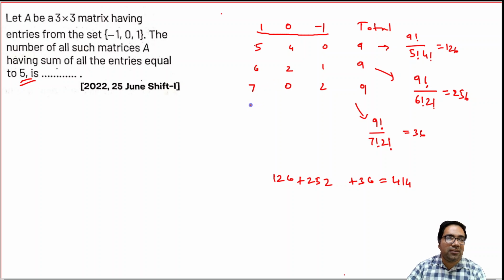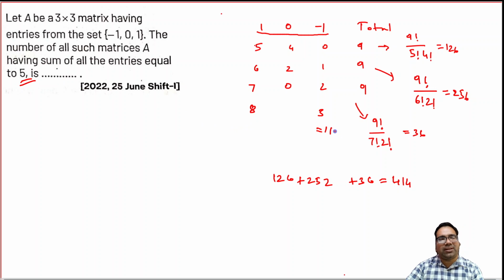Similarly, if we consider 8 ones, then how many minus ones do we have? Then we'll have 3 minus ones to bring the total to 5, since 8 minus 3 is 5.